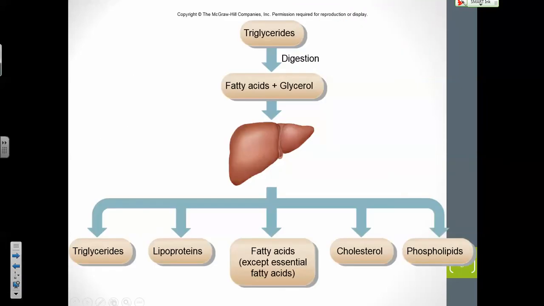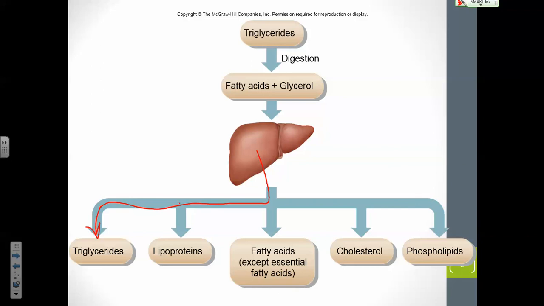So here's how your body utilizes triglycerides. They're broken down into fatty acids and glycerol, and then from there, as they get to your cells, the fatty acids can interconvert with other glycerol to form the triglycerides of you, like in your adipose tissue.